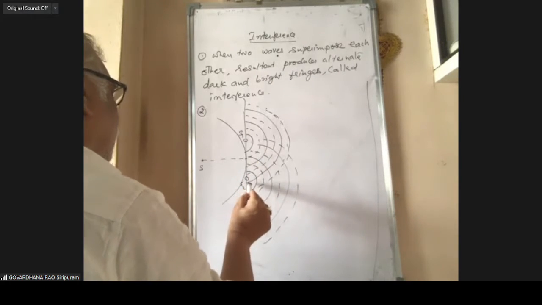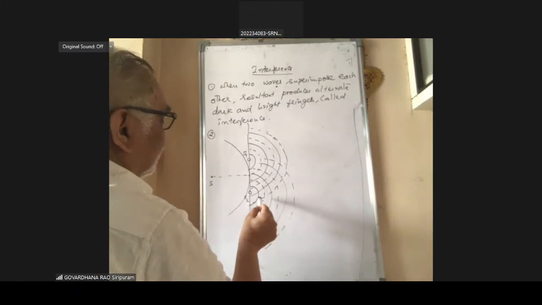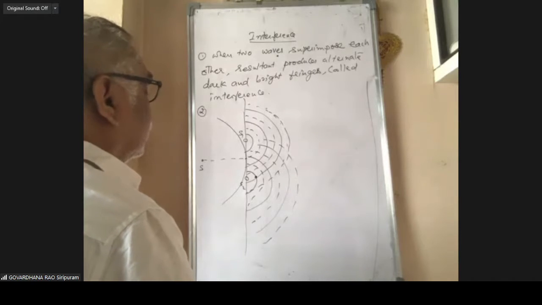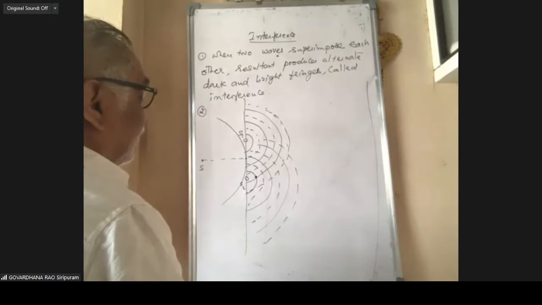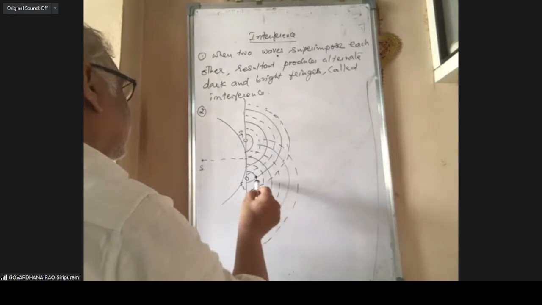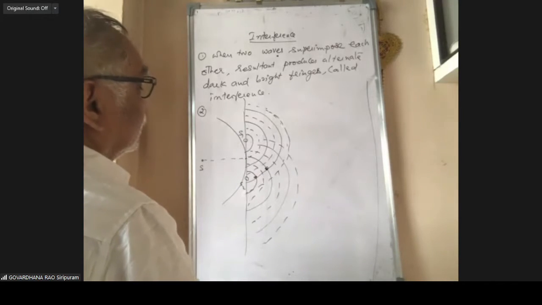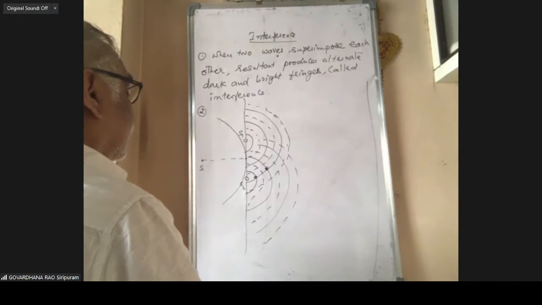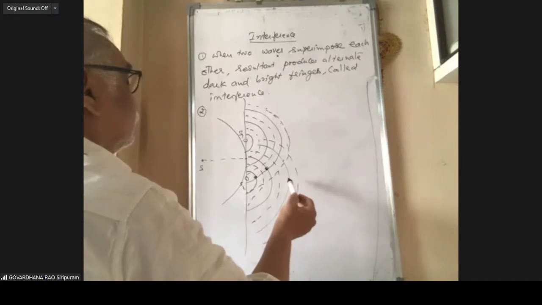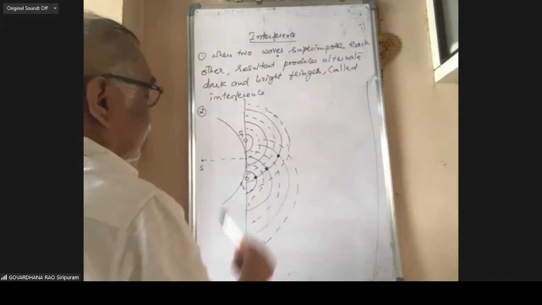See, wherever the solid line of this combines with the solid line of this, here, like this, this solid combines.